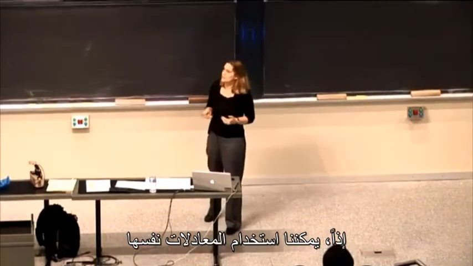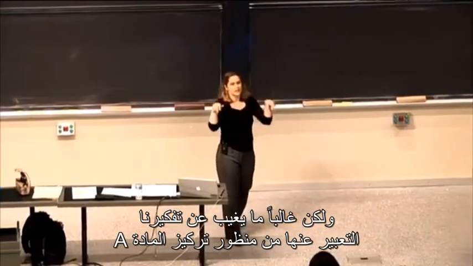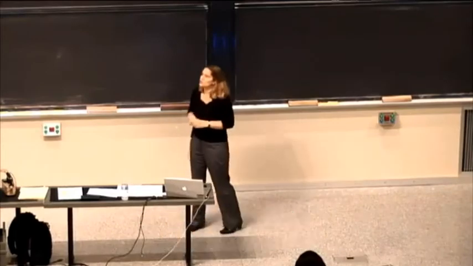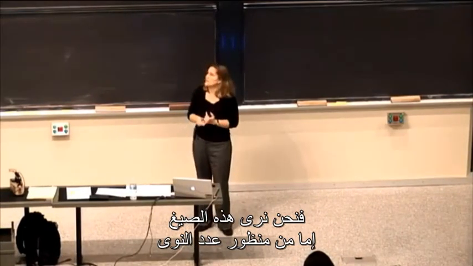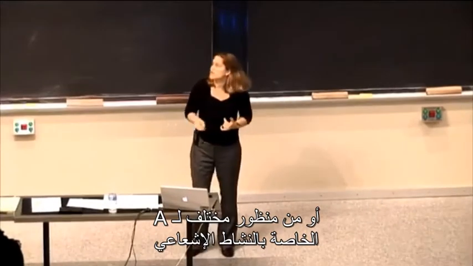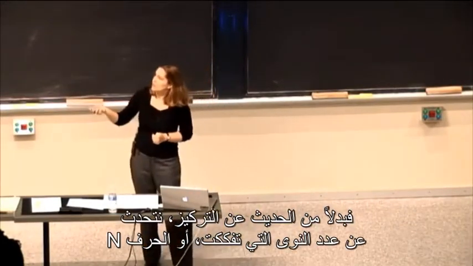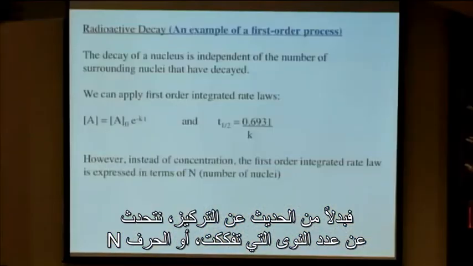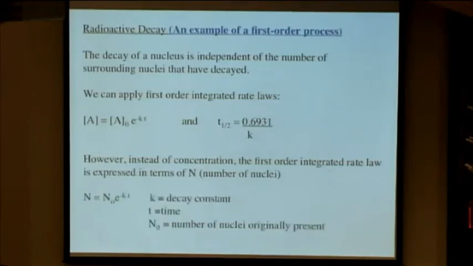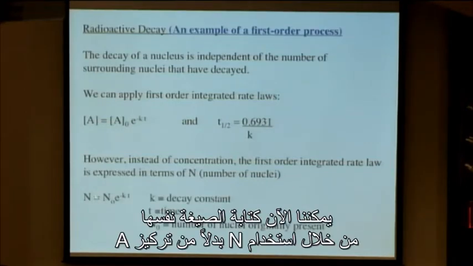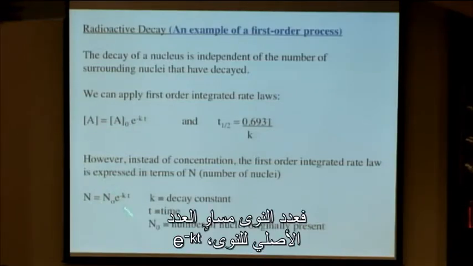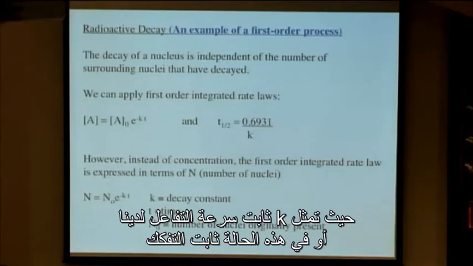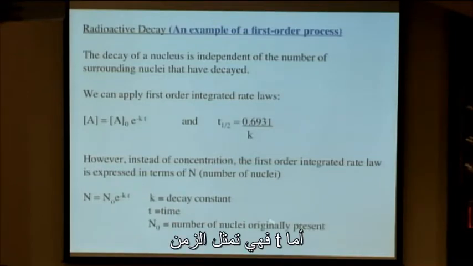We can use those same equations, but often you don't see it in terms of concentration of A. You usually see these expressions in terms of either the number of nuclei, or a different A, which is A for activity. So instead of concentration, we're talking about the number of nuclei that have decayed, or capital N. We can write the same expression using N instead of concentration of A: the number of nuclei equals the original number of nuclei times e to the minus kt, where k is our rate constant, or in this case, decay constant, and t is time.